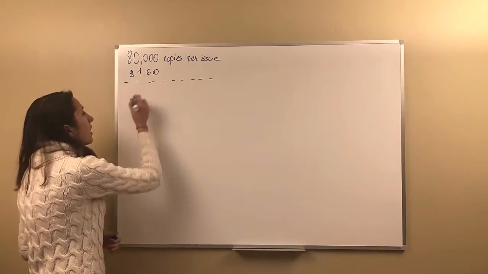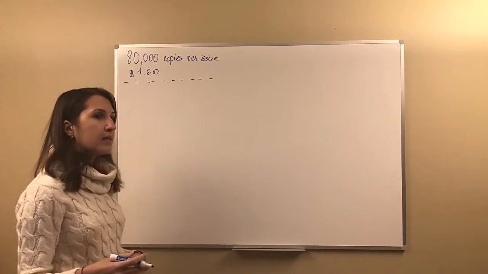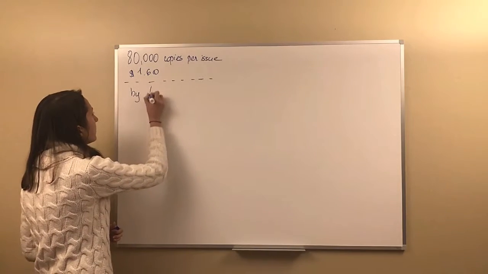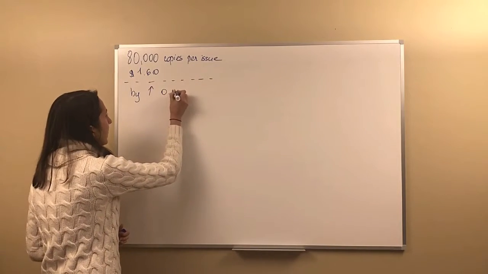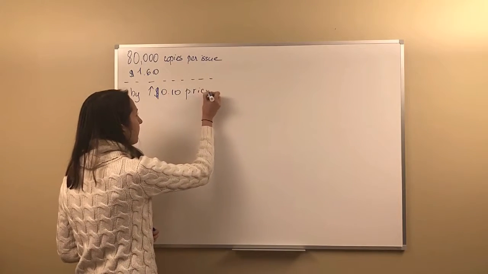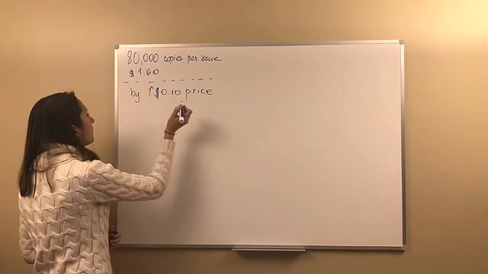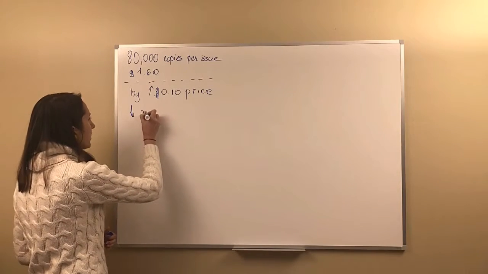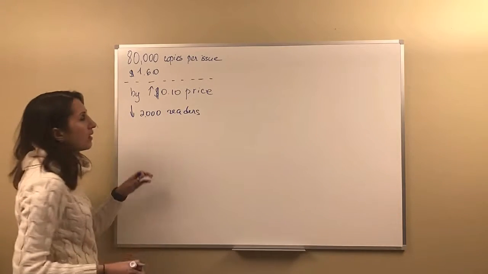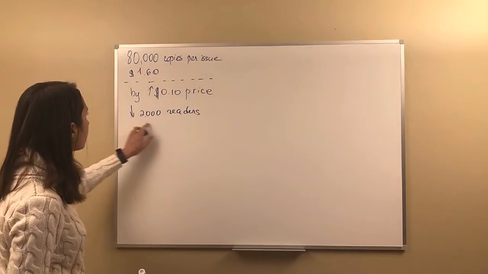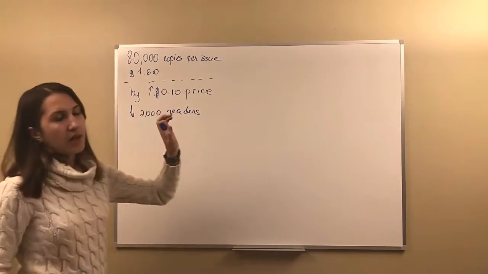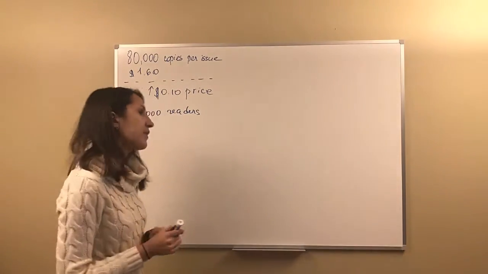The publisher wants to increase the price, and what he knows is that by increasing the price by 10 cents each time, the number of readers will decrease by 2,000. By increasing the price by 10 cents, we will be losing 2,000 readers each time. So that's our given data.